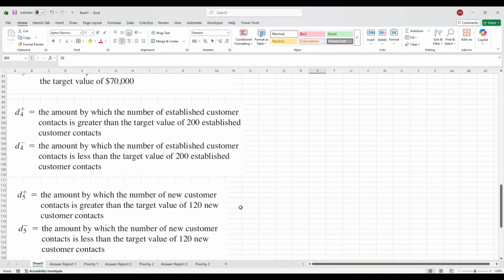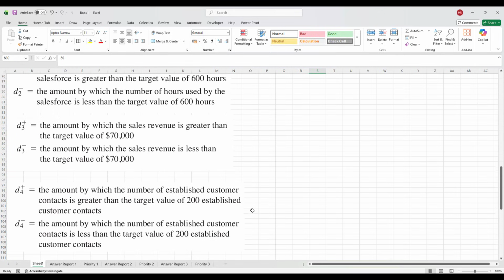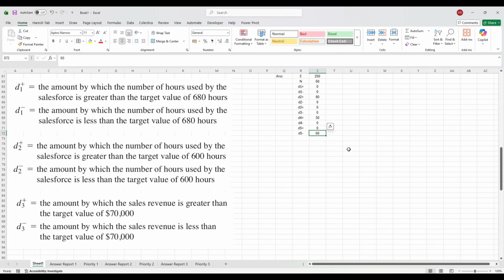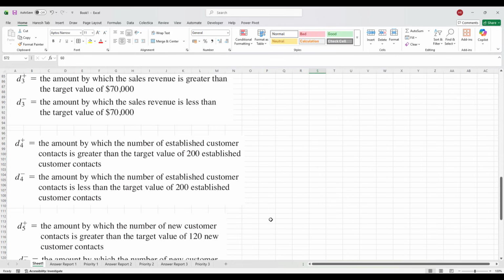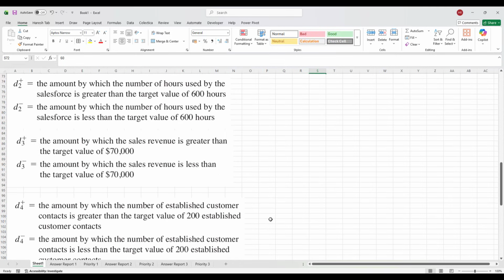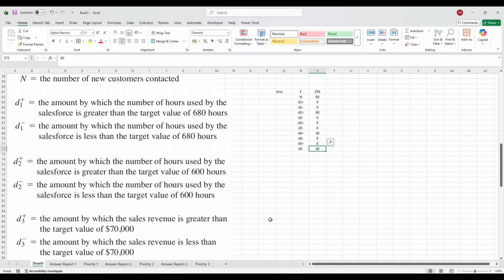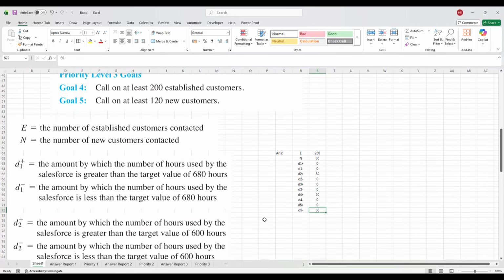But our new customers target was 120 to be contacted, but we are going to fall short by 60. So our fifth priority or fifth goal will not be achieved completely. We are going to run short by 60 new customers.